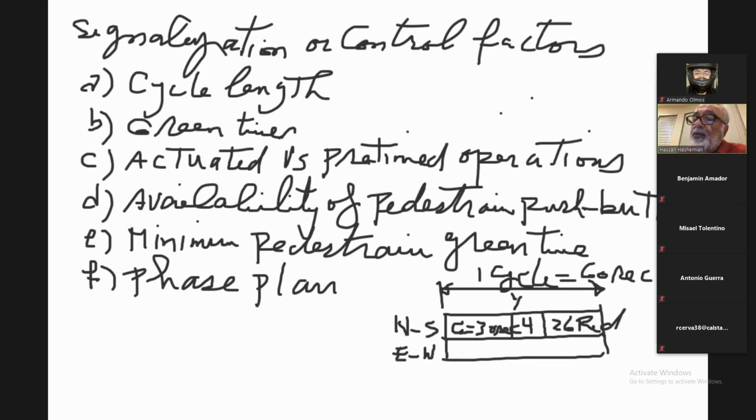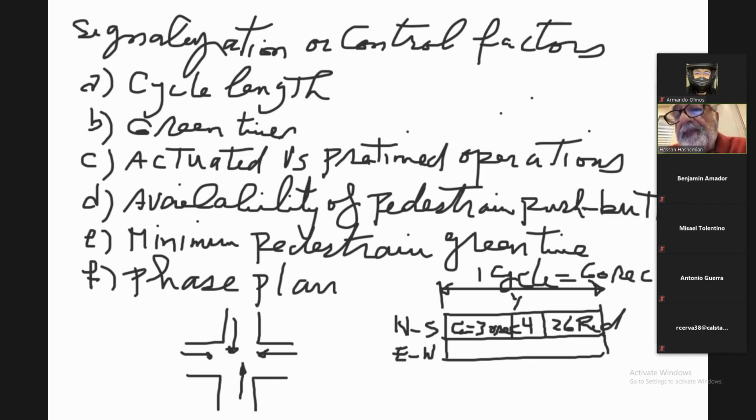Here we talk about 2-phase, because on that intersection, the green time goes to north and south movement, and when those stop, then east and west go. So we call that 2-phase.